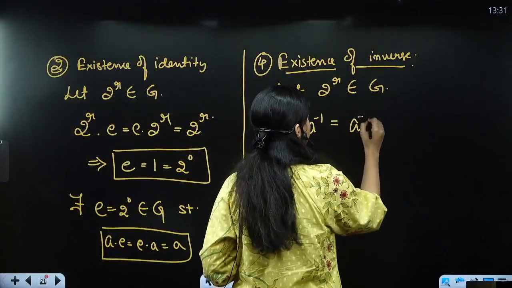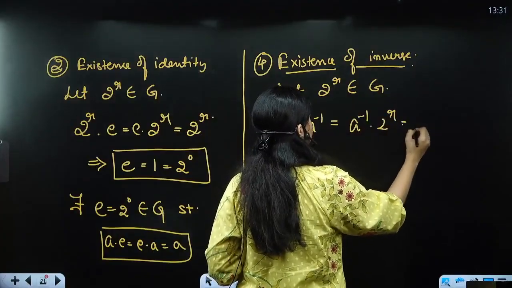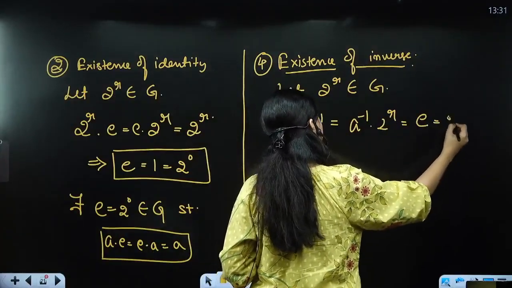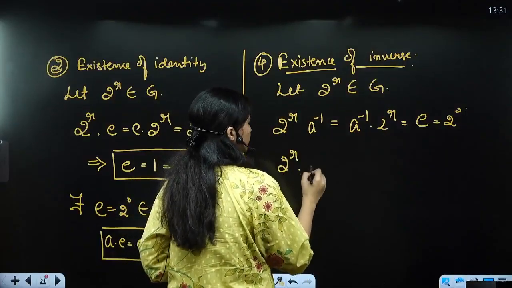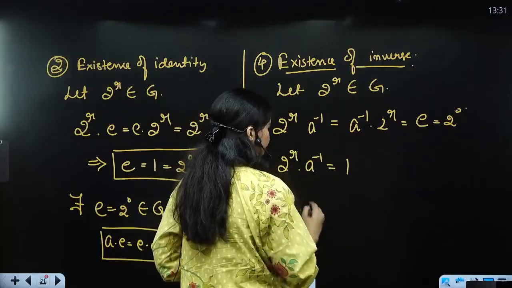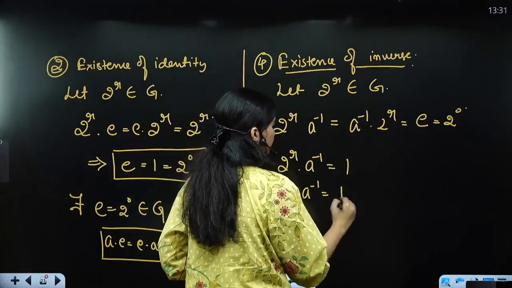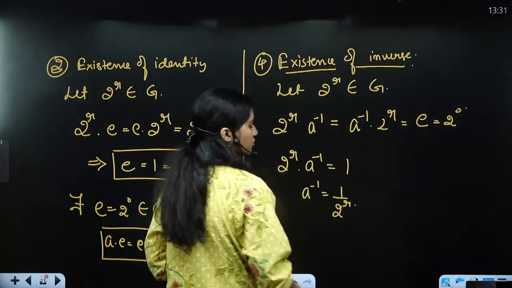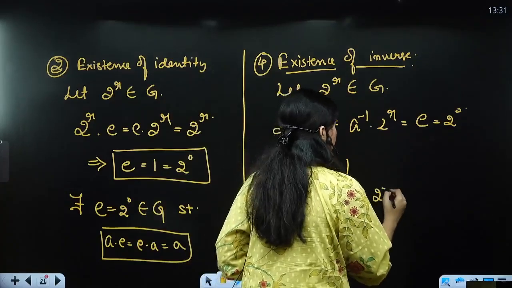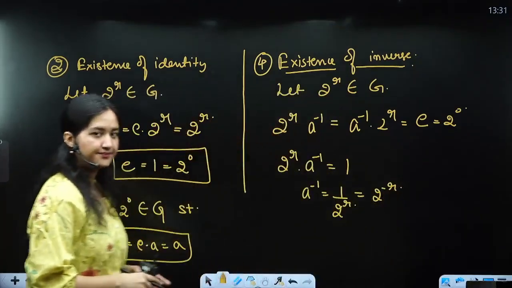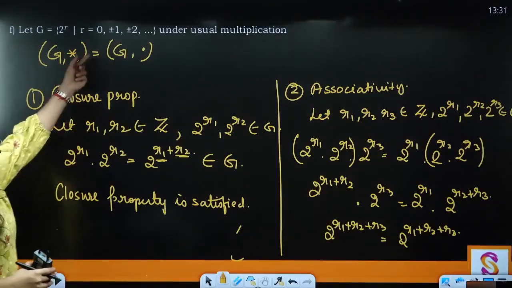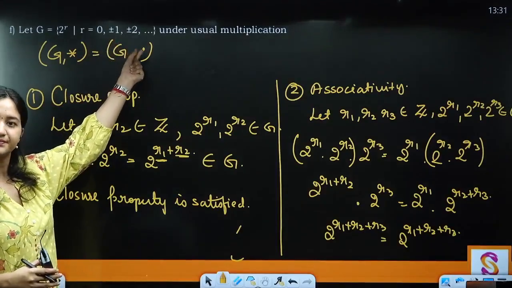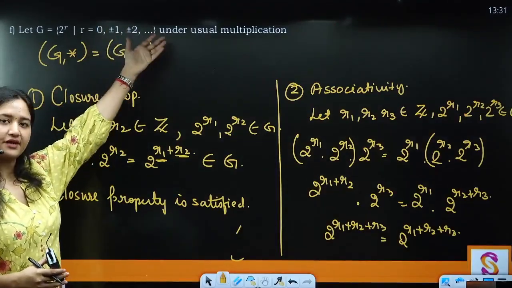So we need such that it is equal to e, that is nothing but 2 raised to the power 0. So 2 raised to the power r dot a inverse equals 1. So a inverse is going to be nothing but 1 upon 2 raised to the power r, which is nothing but 2 raised to the power minus r, right? So here we can see that for every r there is a minus r, and if r is negative then it becomes positive r.